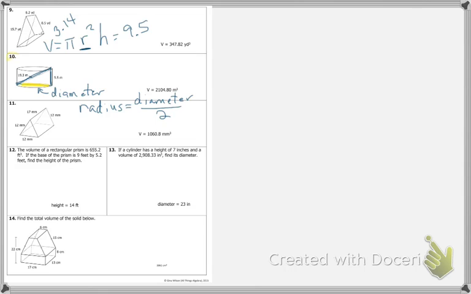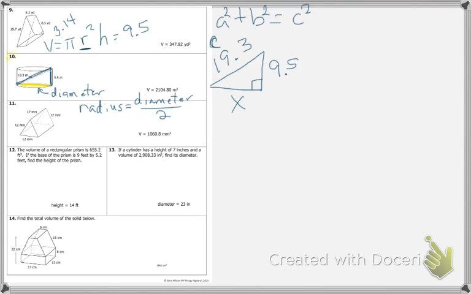So I need to find out this piece right here. If I tear that triangle out, I know this is 9.5 and I know this is 19.3. So we have a right triangle. We can use a squared plus b squared equals c squared to solve for this missing piece. Your hypotenuse will always be your c, so it doesn't really matter.